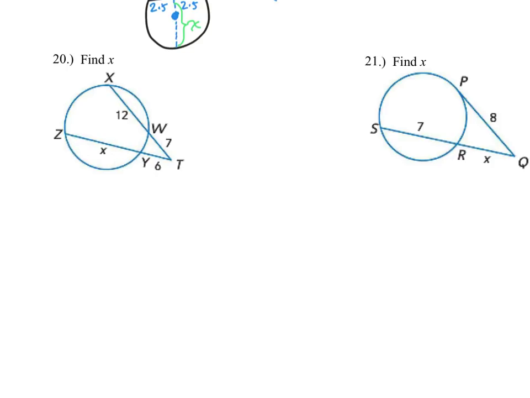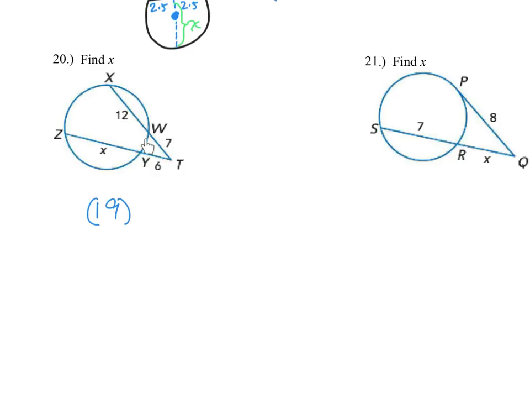So in other words, for number 20, I'm just going to go ahead and call it 19. Whoops. Sorry about that. The measure of the entire secant, which is 19, times the outside part.